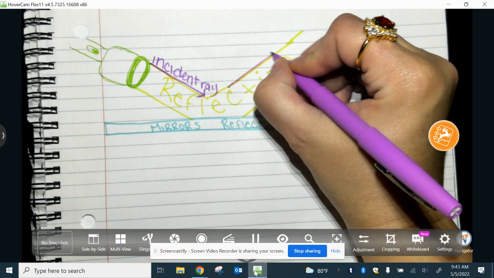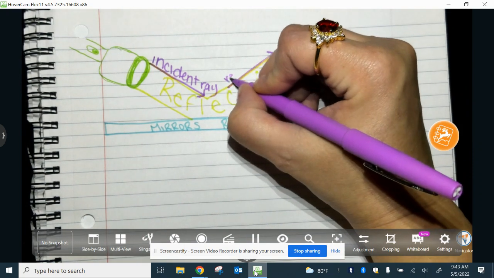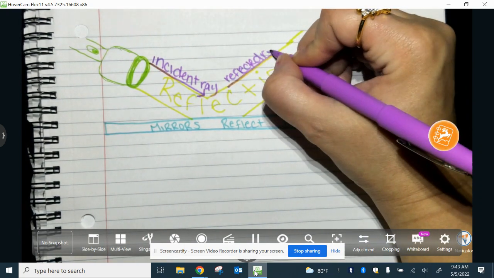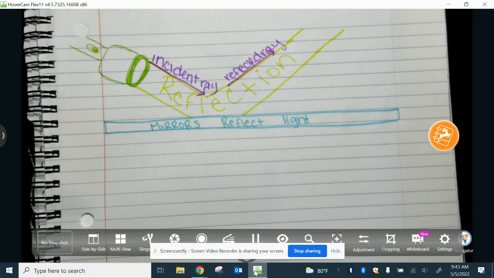After it hits the mirror and bounces off, it's called a reflected ray. So we have an incident ray, we have a reflected ray.